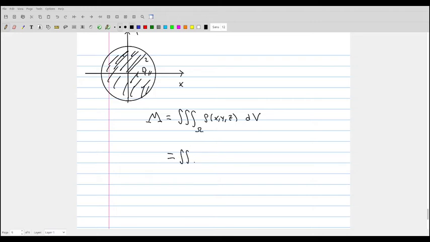So you'll remember that in cylindrical coordinates, the density function rho of x, y, z is equal to the square root of x squared plus y squared. And in cylindrical coordinates, x squared plus y squared is just equal to r squared. So the density function is just equal to r in cylindrical coordinates.